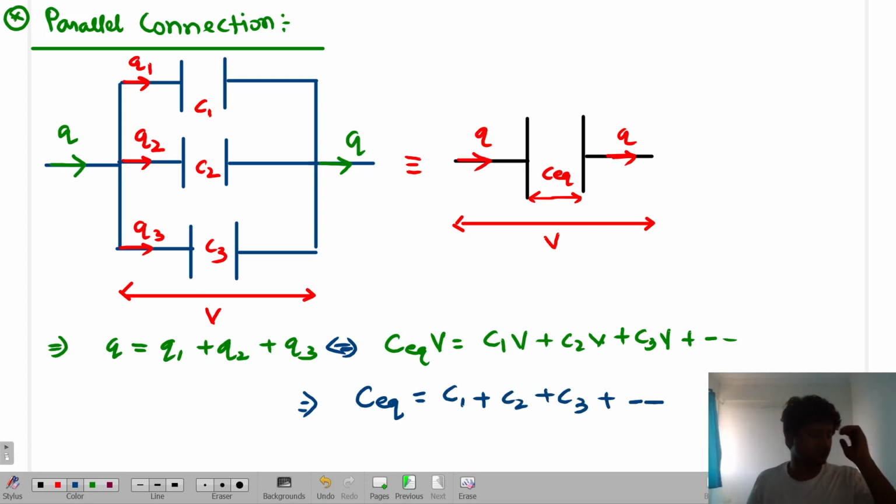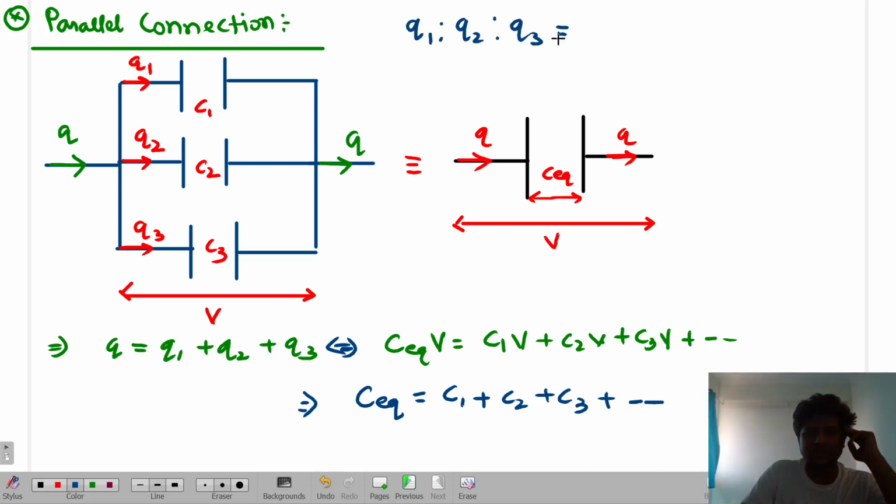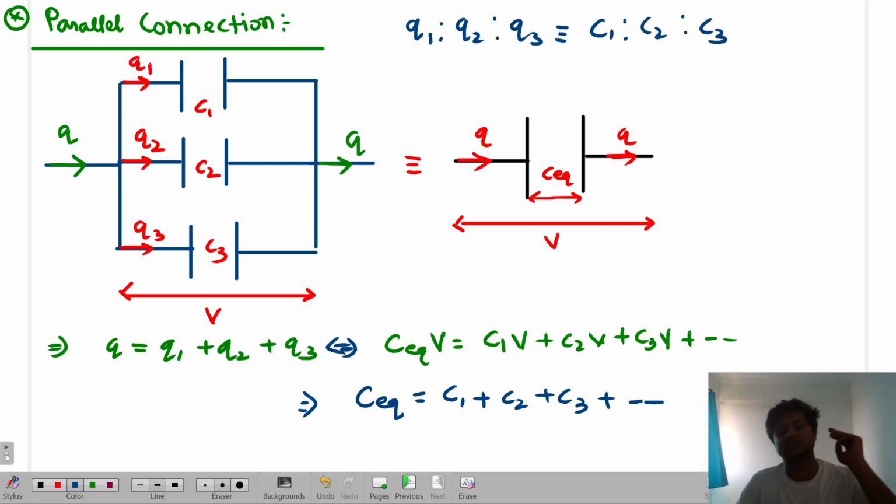And remember that the ratio of these charges, if it is three connections, so Q1 is to Q2 is to Q3, since potentials are same, they are C1 is to C2 is to C3. So direct formula to find Q1 is C1 into total charge Q divided by C1 plus C2 plus C3.